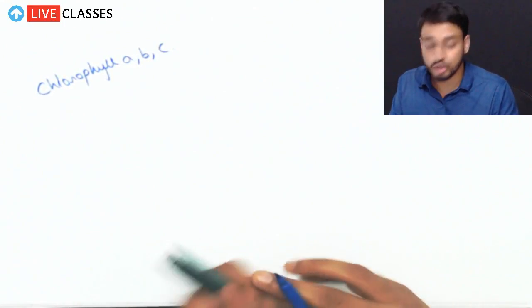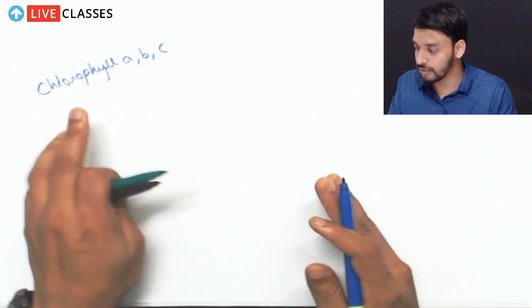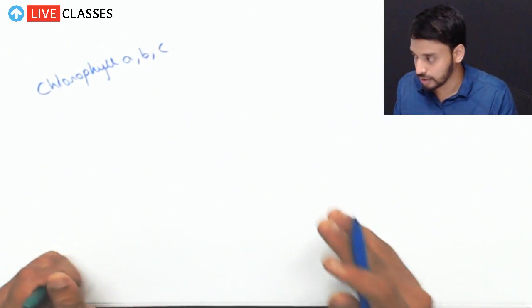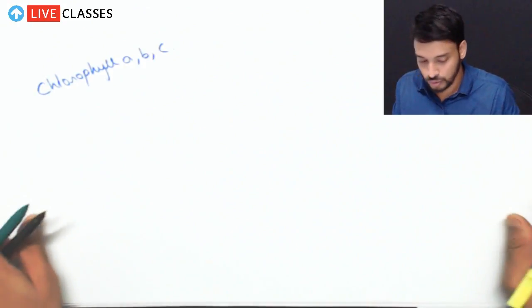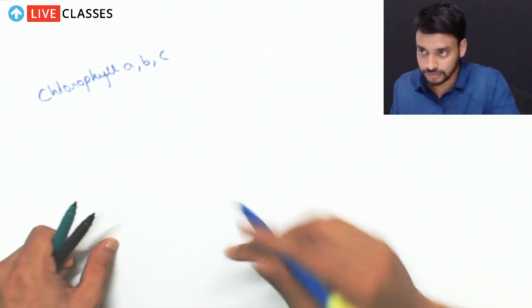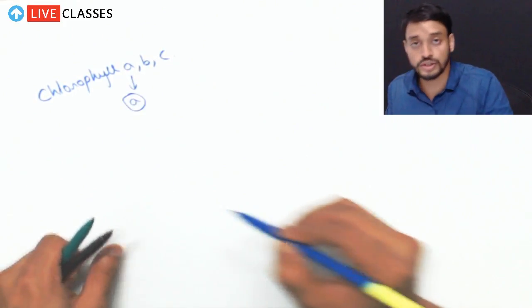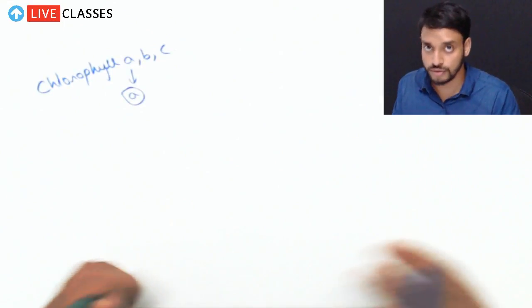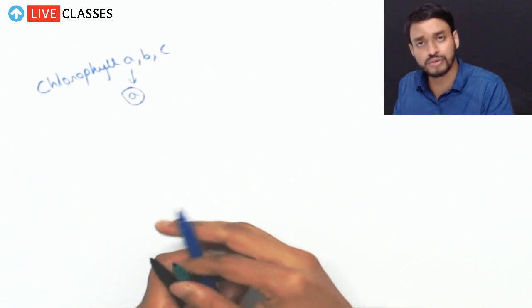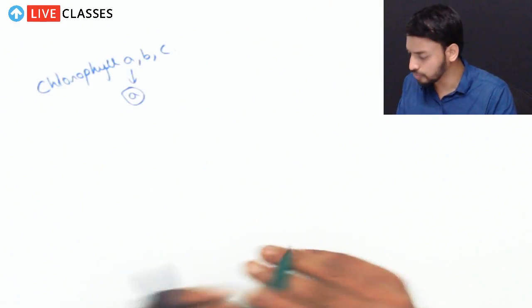Which is the chlorophyll that helps in the process of photosynthesis the most? It was observed that chlorophyll A is the one that actually helps in photosynthesis. It was proved by various experiments. We do not know these experiments right now.